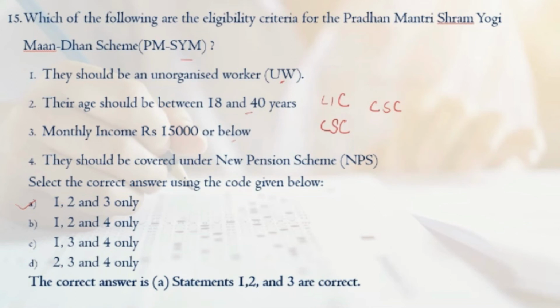Eligibility for PMSYM is for unorganized workers mostly engaged as home-based workers, street vendors, midday meal workers, head loaders, cobblers, rag pickers, domestic workers, washermen, rickshaw pullers, landless laborers, construction workers, leather workers, and similar other occupations whose monthly income is rupees 15,000 per month or below and who belong to the entry age group of 18 to 40 years. Statement fourth is not correct because they should not be covered under NPS, the Employees State Insurance Corporation, ESIC scheme, or the Employees Provident Fund Organisation.